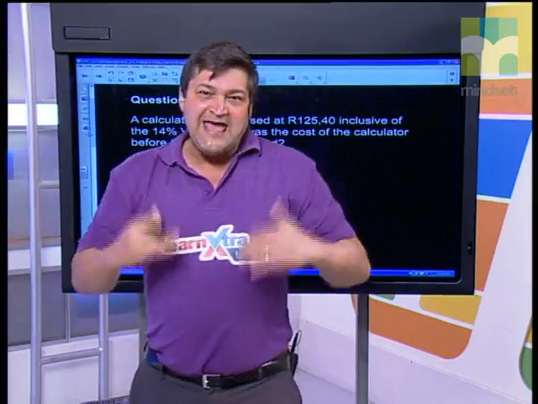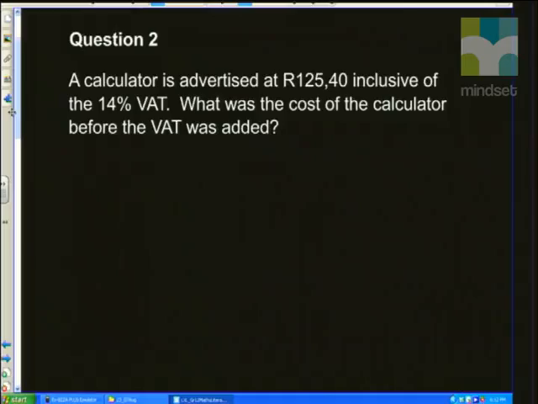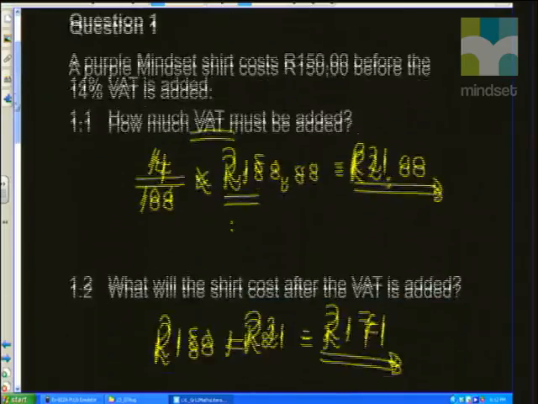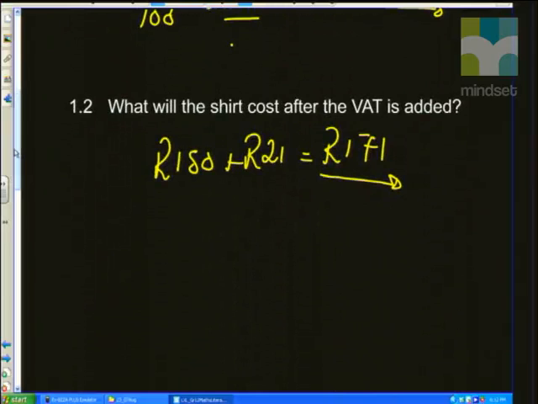Guys, if I'm adding VAT, let's go back to the first question. If I want to know how much the shirt will cost after the VAT is added, I could take the shirt price of 150 Rand and multiply it by this fraction, 114 over 100. And that will give me my final amount.